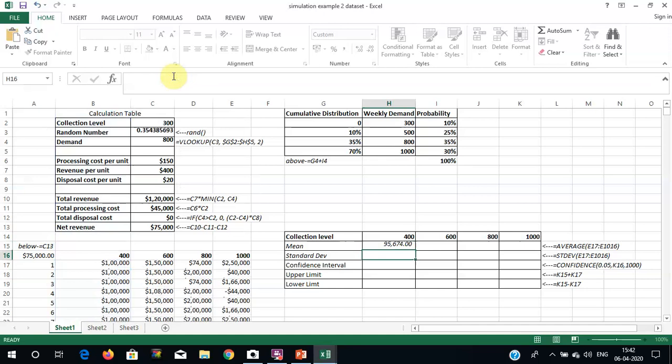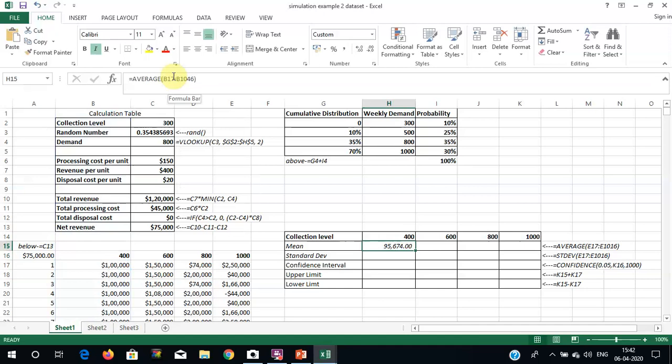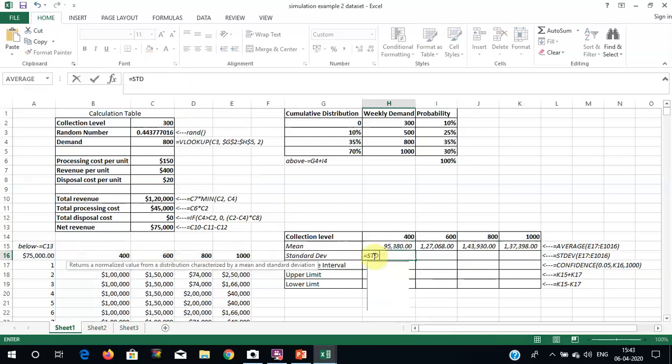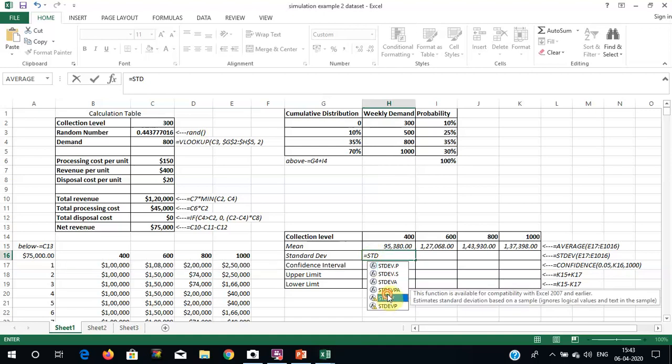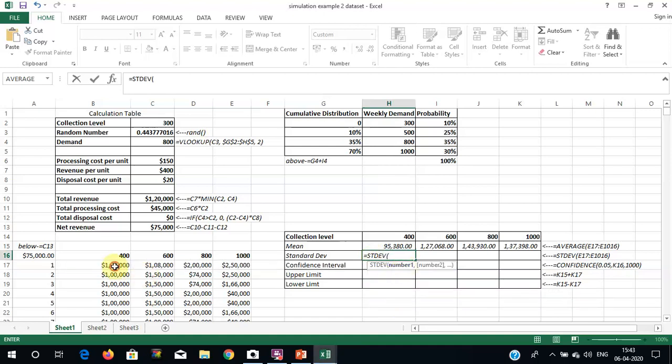It will give you the average of 1000, and then I can just drag it. So for each of the scenarios it gives me the average net profit or net revenue. Then I calculate the standard deviation. Then again I select this first value, then P106.